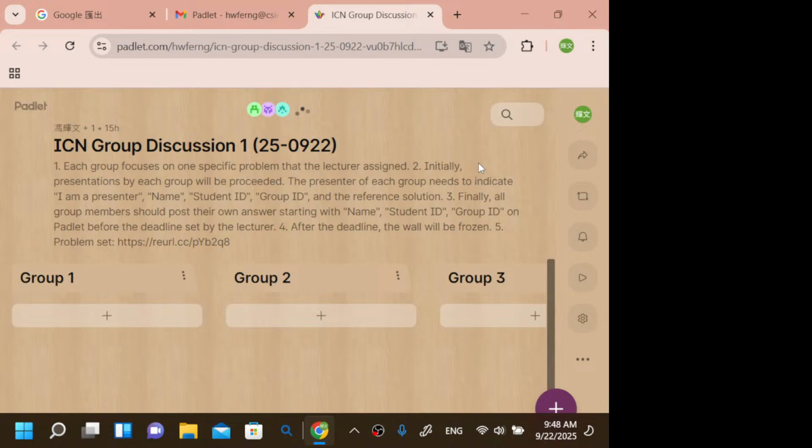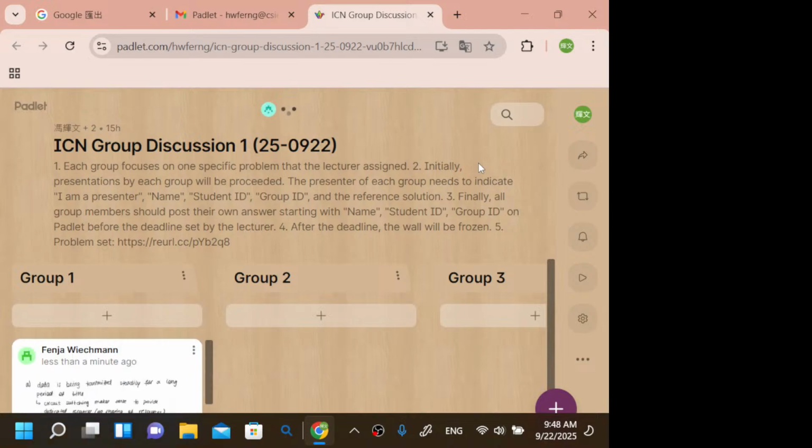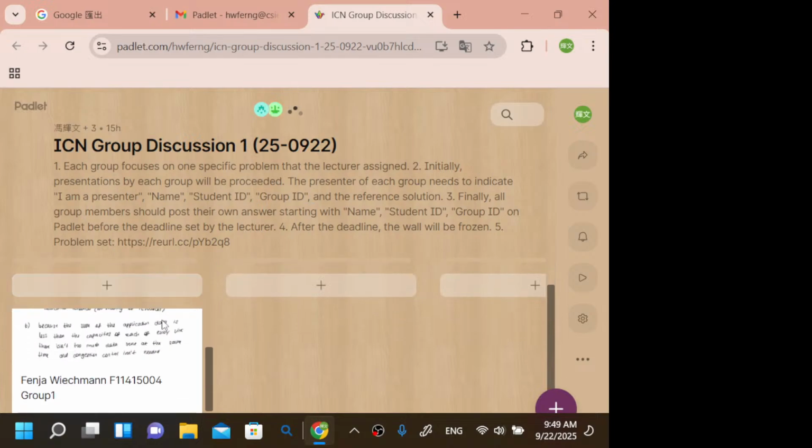So can you find this pattern? At least mention you are the presenter. You have the answer already? Let me check. All right, but you need to mention presenter.